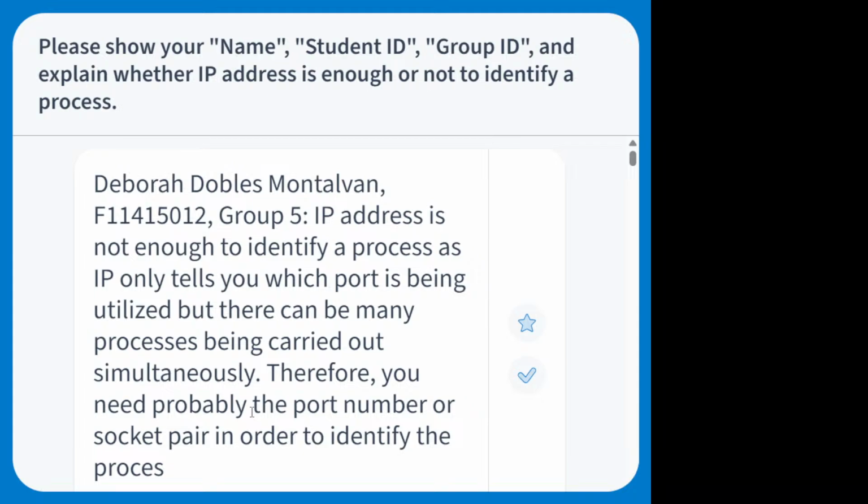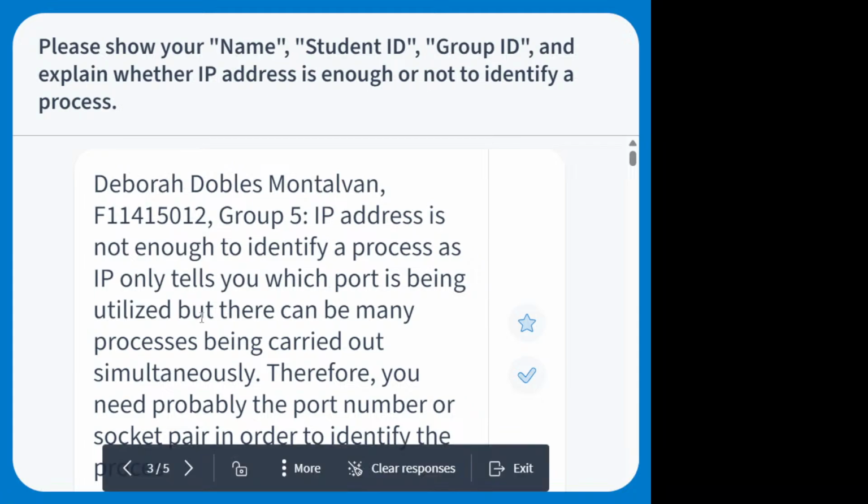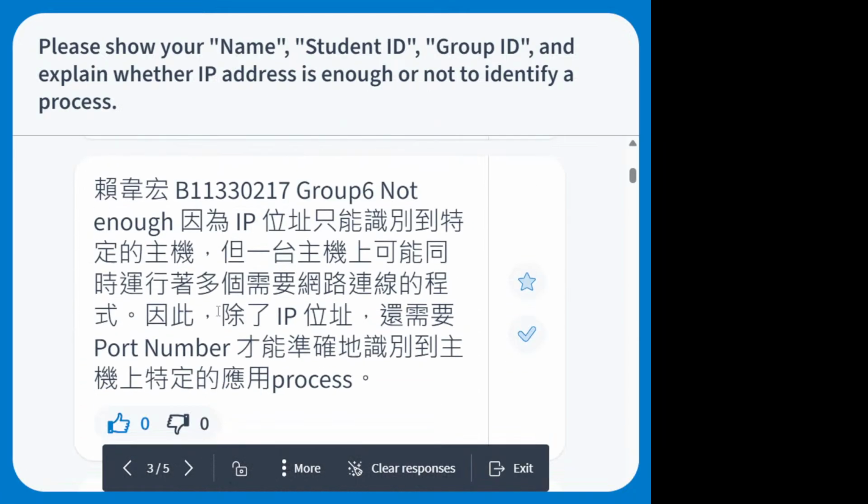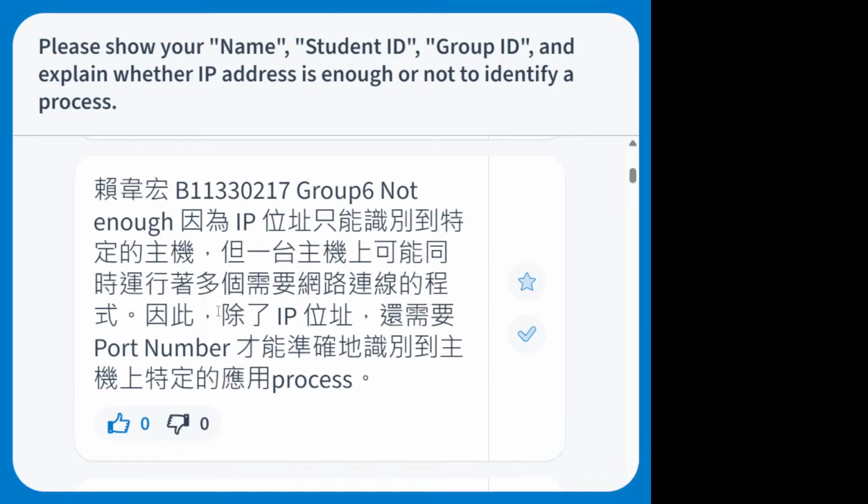That's correct. So not enough. And this one in Chinese. It says IP can identify the machine, but this machine can have multiple applications. So we should have IP plus port number, correct? All right, so this one correct.